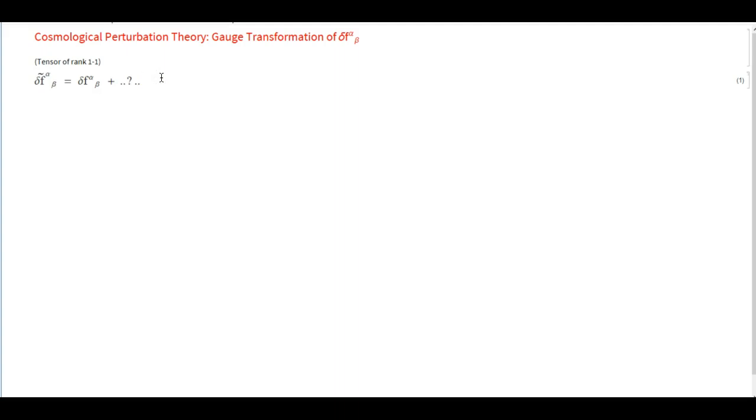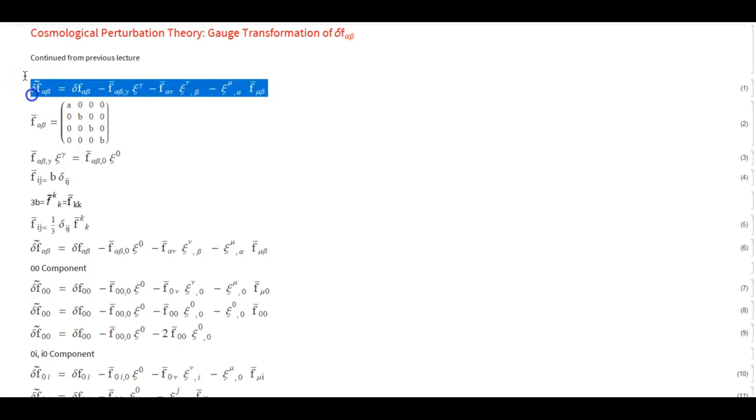In the last lecture, we looked at how a perturbation which is a tensor of rank 0, 2, that is, alpha beta both on the lower side, transforms.